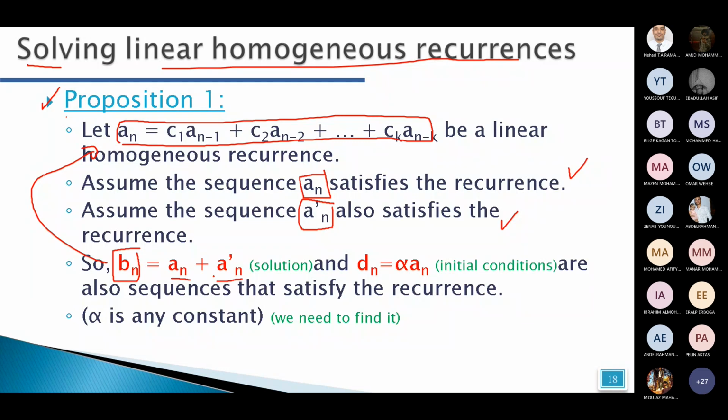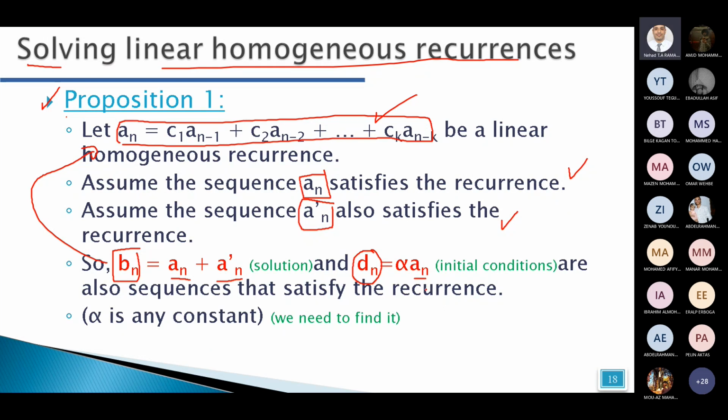But we said we have constants in the solution. How to find these constants, I will show you later. We said that it's not enough to have the recurrence relation. We have to find the initial conditions also, or the initial values. If we say the initial value is d_n, then it equals alpha multiplied by a_n.